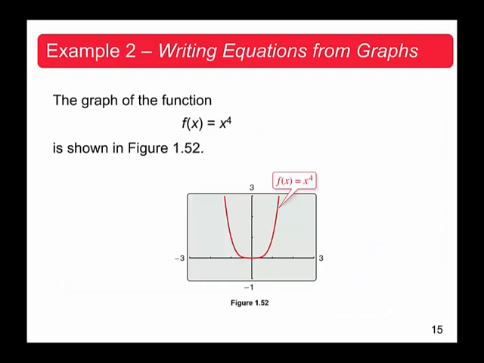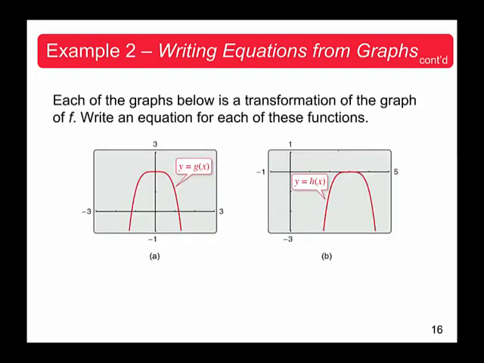And that's how we interpret the reflection in the y-axis. Now, let's look at this function f of x equals x to the 4th power, and this is a graph of it, right? This 4th-degree polynomial function, the parent function of 4th-degree polynomial functions. Each of the graphs below is a transformation of the graph of f, and then we write an equation for each of these functions. So we know that this is the graph for x to the 4th power.